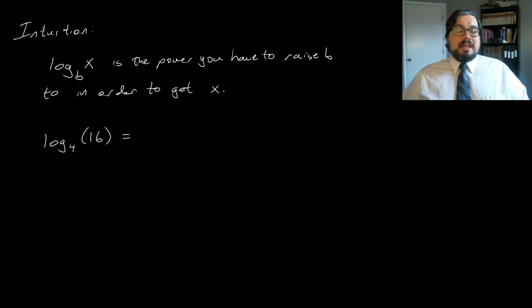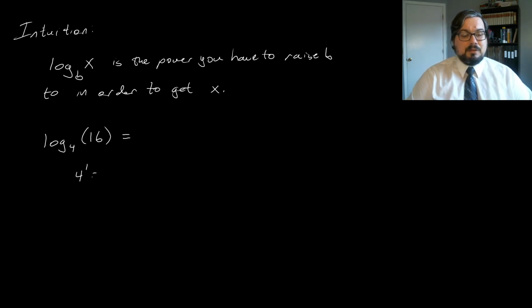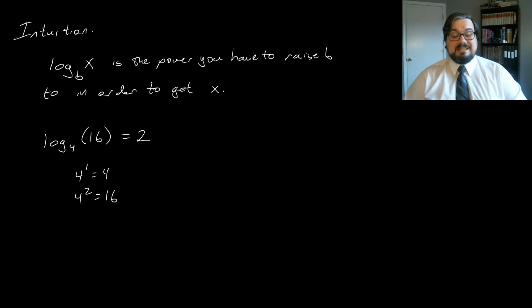And sometimes we can do this by hand pretty easily. We know that 4 to the first is 4, but 4 squared is 4 times 4, which is 16. So that means that 4 raised to the second power is 16, and that's the same as saying that the log base 4 of 16 is 2, because 2 is the number that you have to raise 4 to in order to get 16.